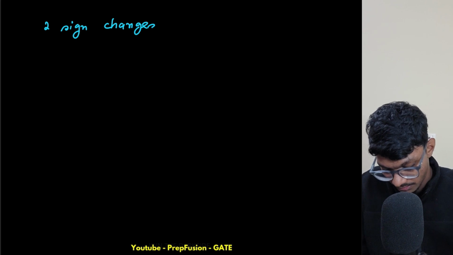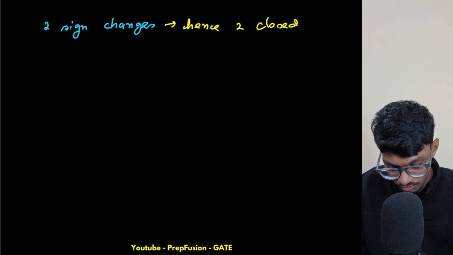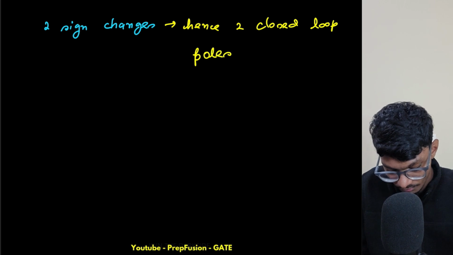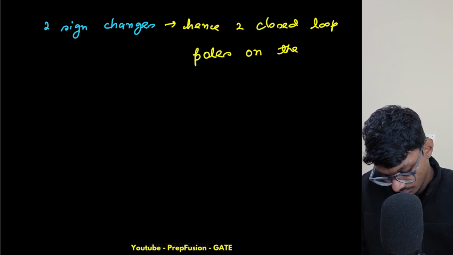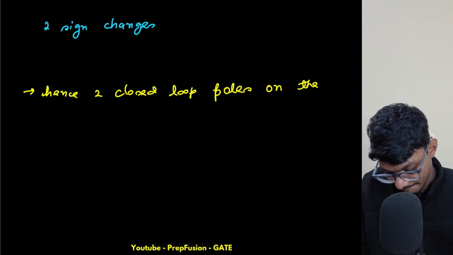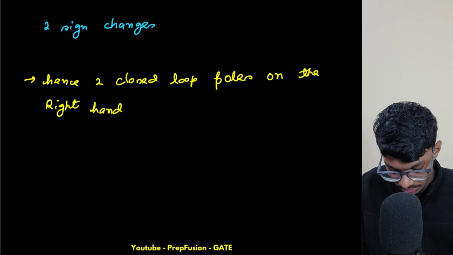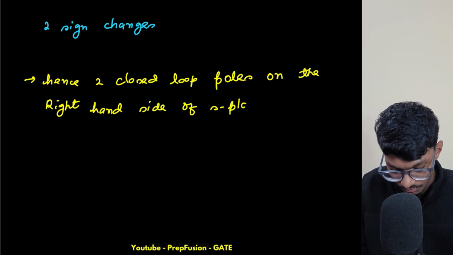Two sign changes, hence two closed loop poles on the right hand side of S plane, right?